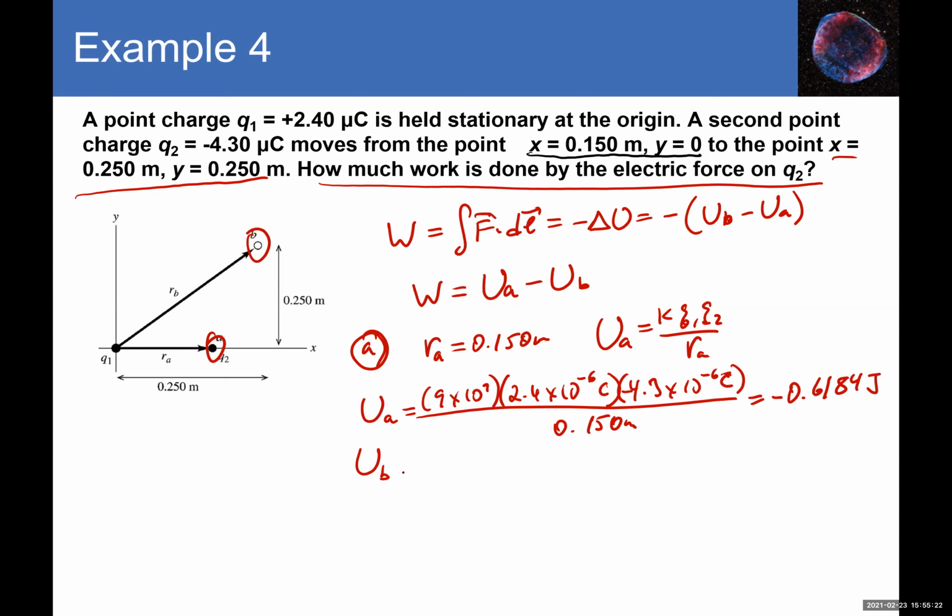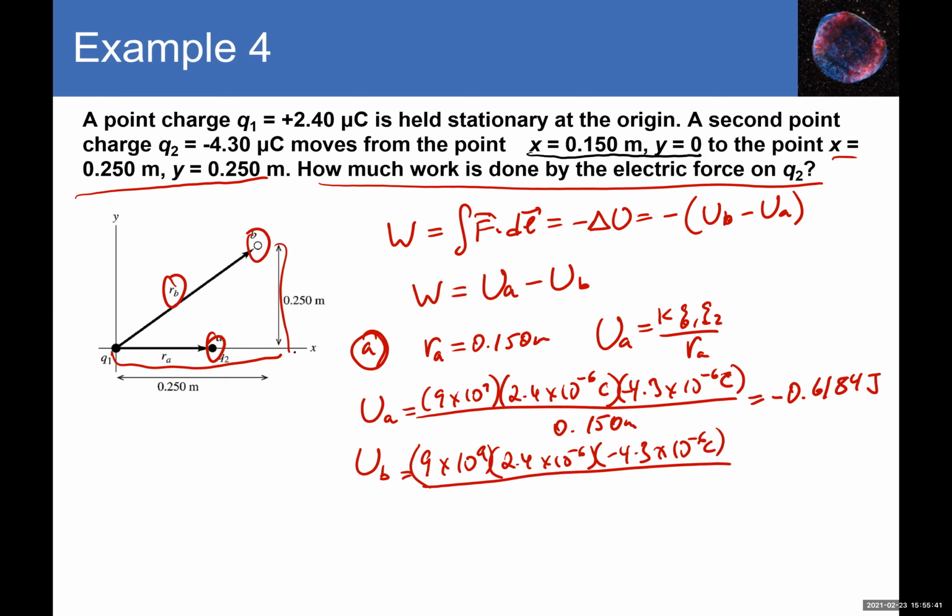My potential at point B is equal to 9 times 10 to the 9, times again 2.4 times 10 to the negative 6, negative 4.3 times 10 to the negative 6 coulomb, divided by, well, this will be RB. How do we find RB? Well, I'm given this distance and that distance, so RB is equal to the square root of 0.25 squared plus 0.25 squared.